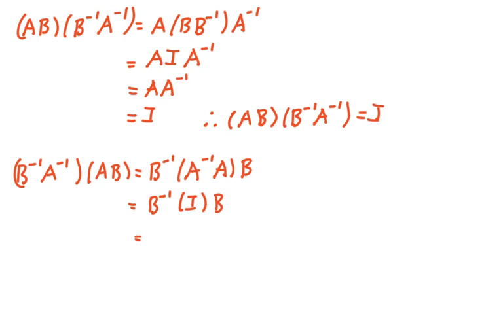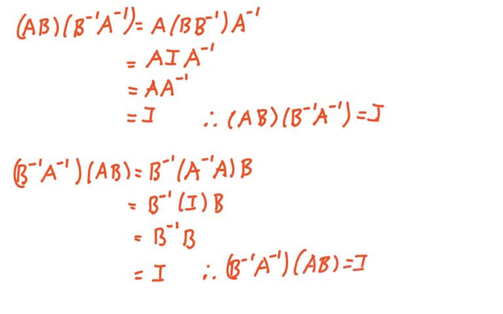But when you multiply by the identity, you just get the actual original matrix back. So you're going to get B inverse B, which is equal to I. Therefore, B inverse A inverse times AB is also I.